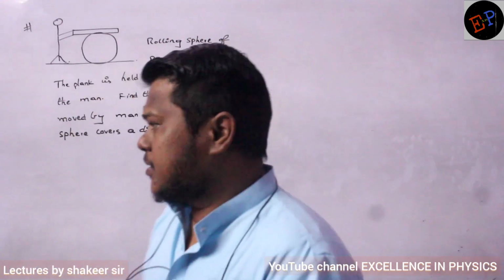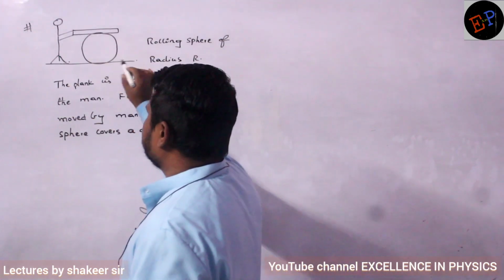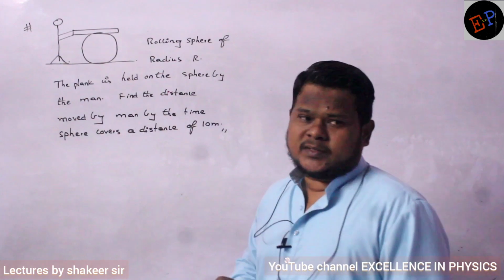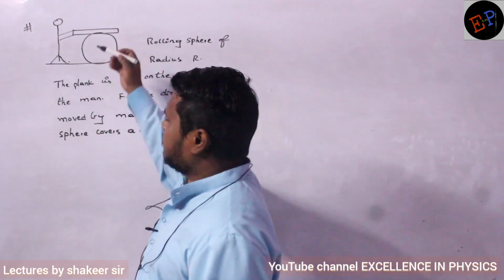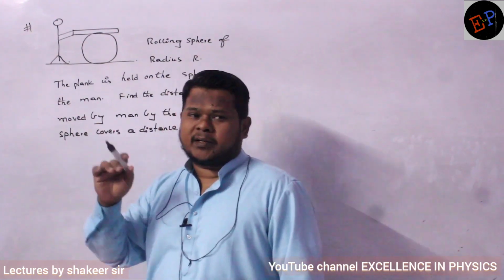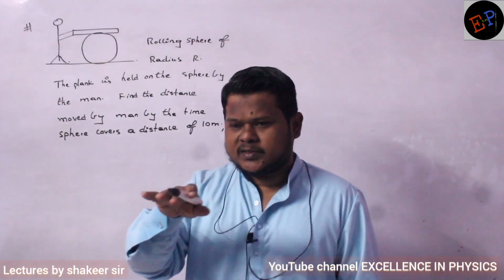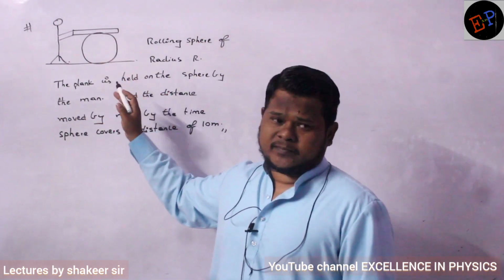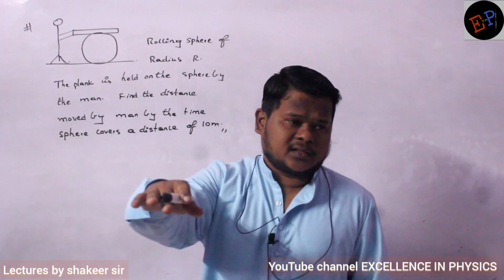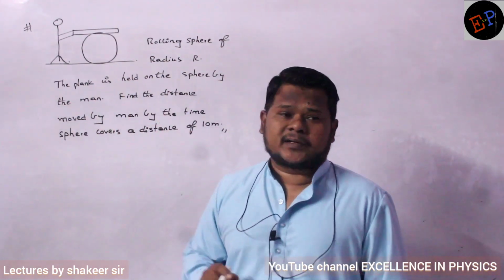See here. This is a sphere which is rolling. On the rolling sphere, a plank is held by a man. The person is placing a plank on the rolling sphere, and when the sphere is rolling, the plank is also moving on the sphere, and the man is holding that plank.